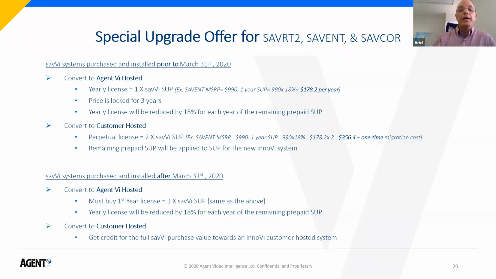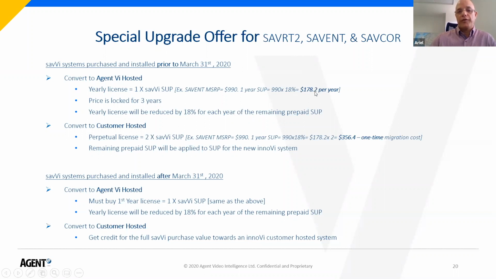Okay. If you already have purchased SUP, let's say that you have a system for which you purchased SUP that is valid until 2022, for each SUP that you already paid for, we will give you 18% discount of this price.